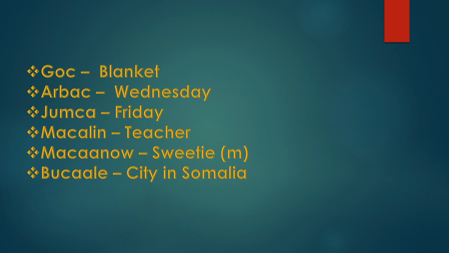Go and Arba both have an Ain ending simply because there's a little pause after you say Go. Normally that means there's a vowel preceding it when you write a complete sentence. Such as if you try to say the blanket, you say Go og.